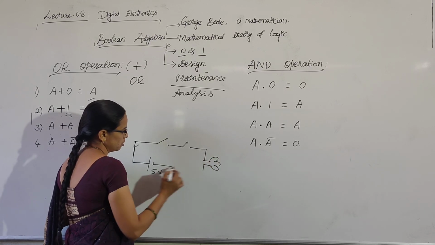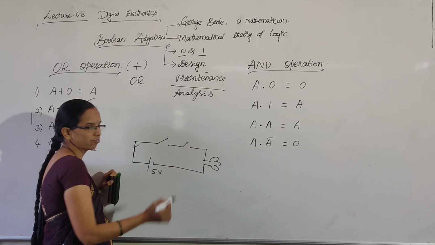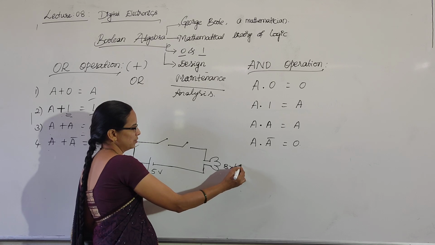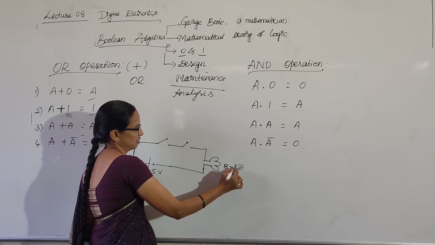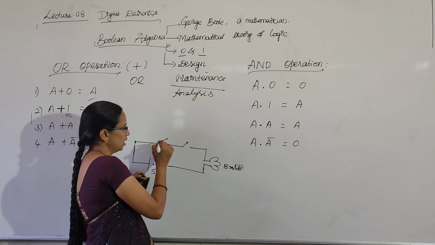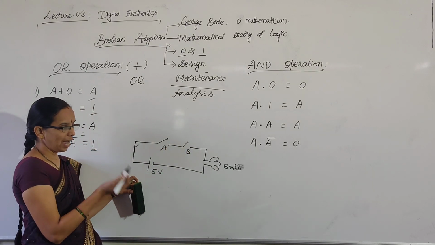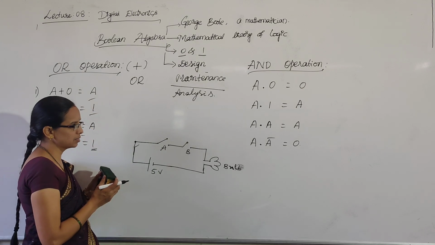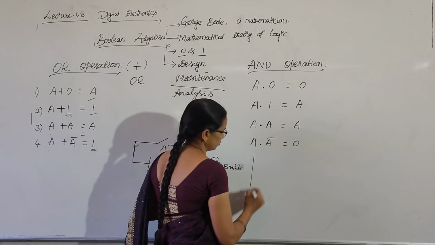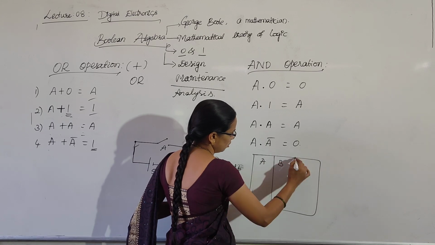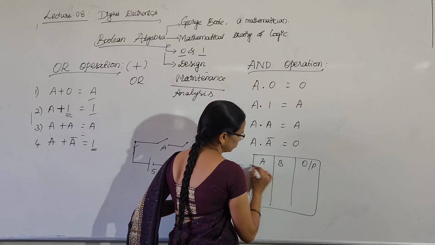Assume this as a bulb. It has A and B switches. In AND operation, what happens? I write it here: A, B and output.